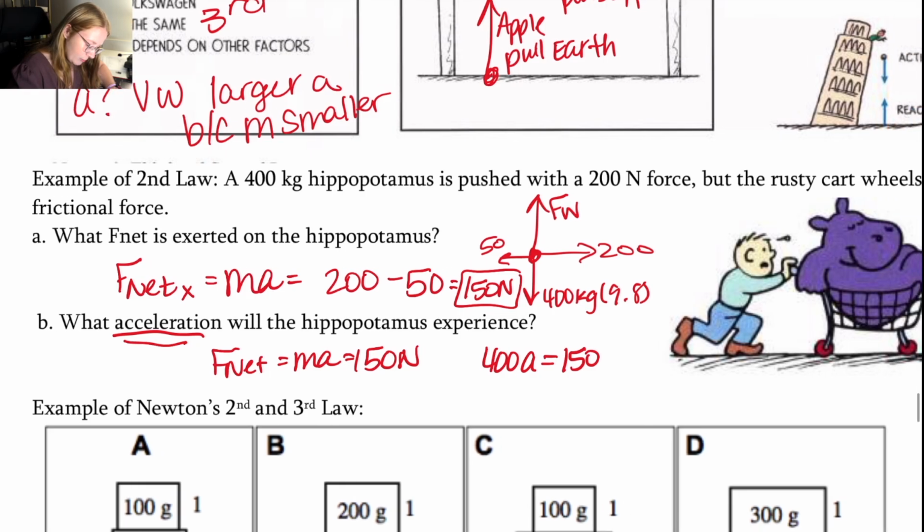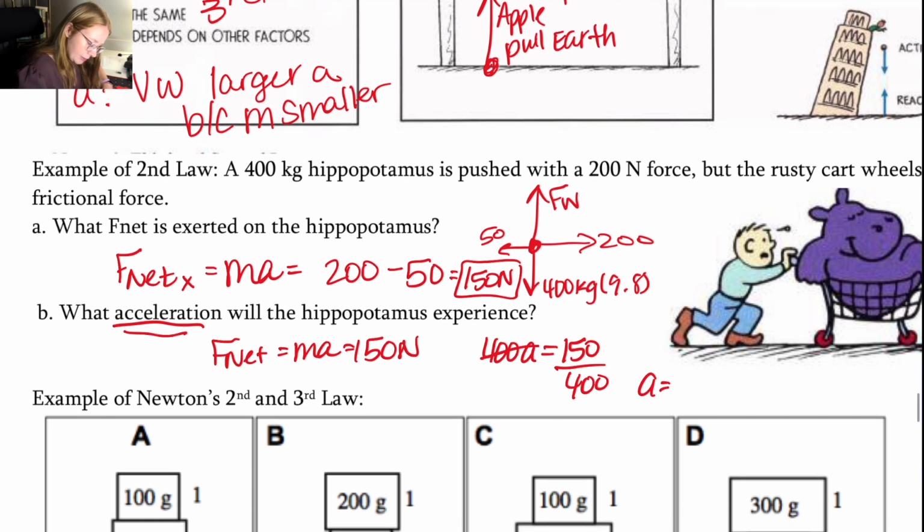Solve for a, so if we're multiplying by 400, divide by 400. So 150 divided by 400 would give me 0.375, and remember, acceleration is meters per second squared.